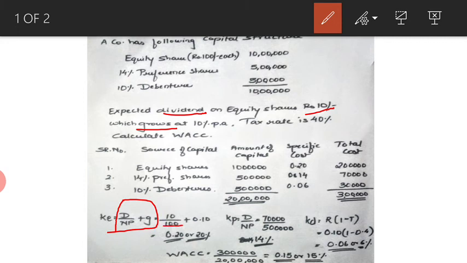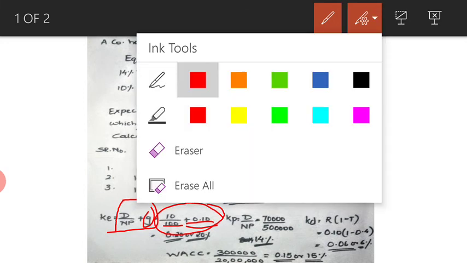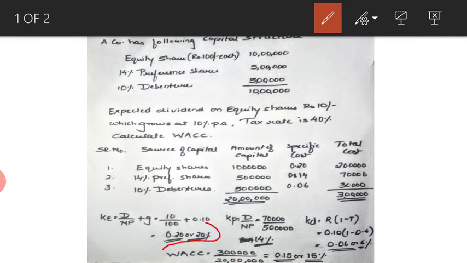NP is the price per share, which is also given, 100 rupees per share, plus growth rate. Now growth rate is 10% per annum, so 0.10. So if you simplify this particular equation, you get the cost of equity as 0.20 or 20%. So our cost of equity is done, 0.20.